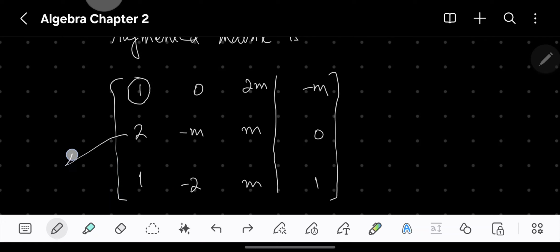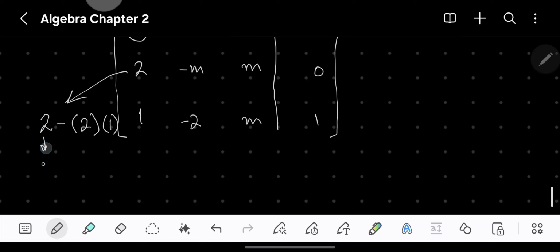How can I make this 0? Because this is the pivot, I will use the pivot entry to make this 0. So this is 2 minus something times pivot. Pivot is 1 and this something is of course 2. This 2 is coming from R2, it is the scalar, and this 1 is coming from the pivot, and the pivot is in R1.